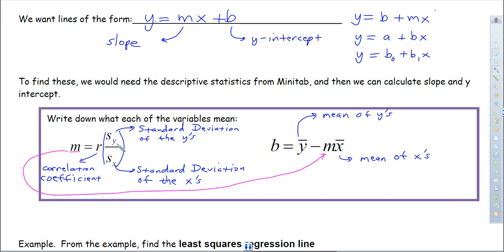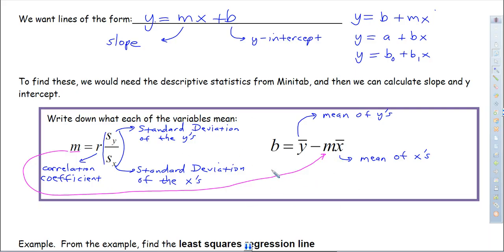Standard deviation of y over standard deviation of x. Remember, rise over run, or y over x, and standard deviation is the average distance the y values are from the mean of y. And over here we have the average distance the data points where the x's are from the mean of the x's. And we have the mean of x's over here. So they're still linked and they still work with each other.